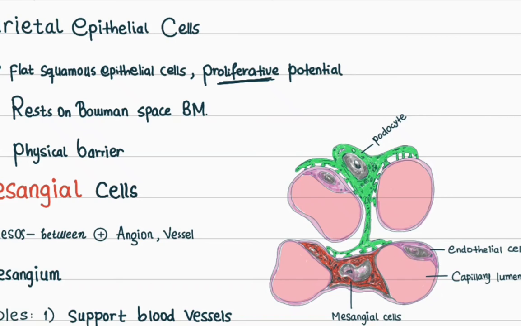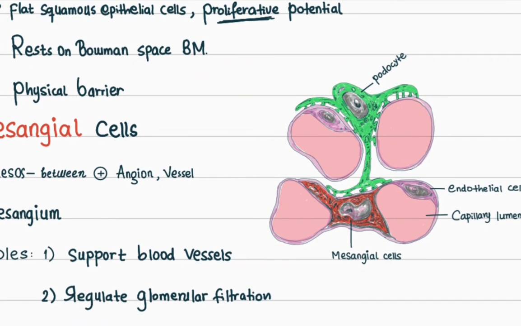The last and important cell group is the mesangial cells. The term comes from the Greek mesos, which means between, and angion, which means vessel. This means mesangial cells are situated between two adjacent capillary loops.